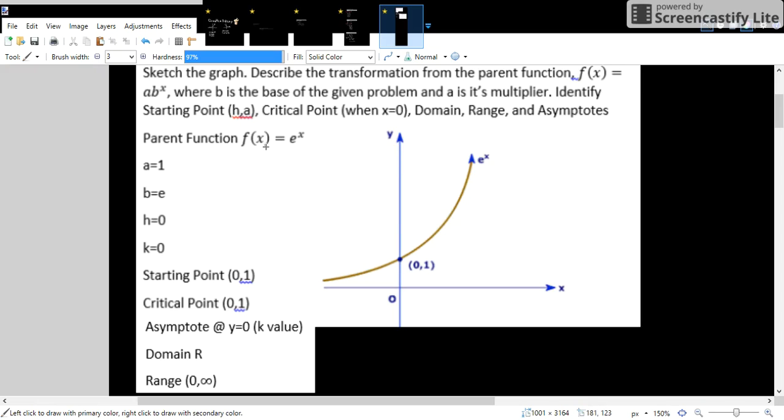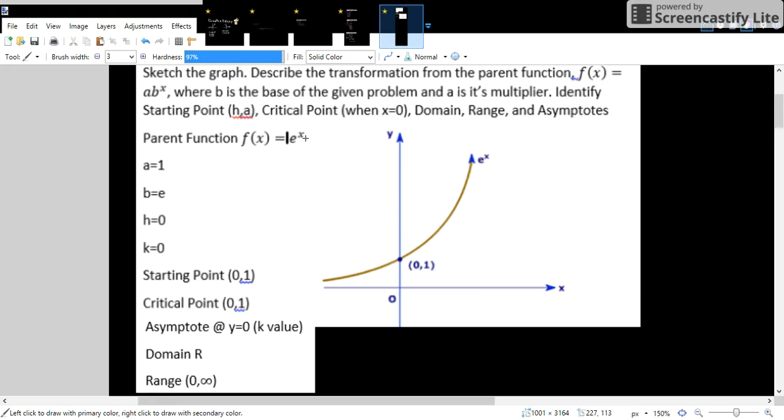So our parent function in this case is going to be e to the x. So here's a picture of that graph right here. Our a is 1 because there's nothing here, so we say that there's a 1. B, our base here, is going to be e.